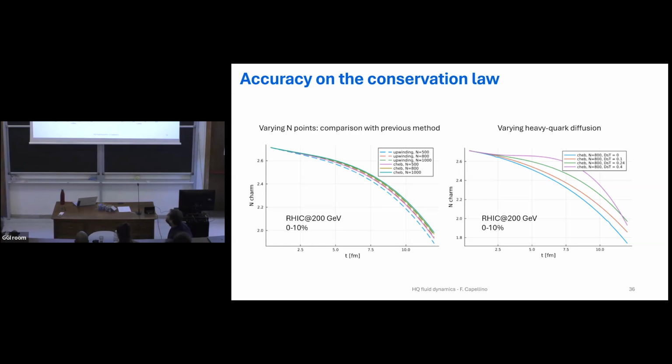So from this, I learned to use Chebyshev. And then what we learn from both is that, of course, if I diminish the lattice spacing, I also get a better conservation. From the right side, I learned that the algorithm conserves a bit differently when using different spatial diffusion values. For this, I'm open for discussions.